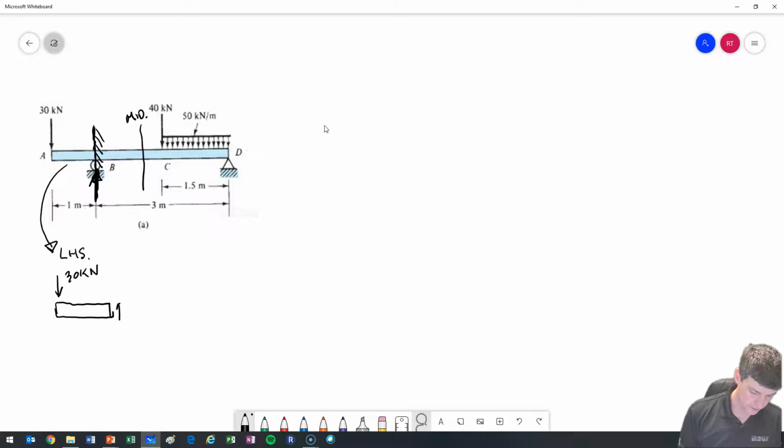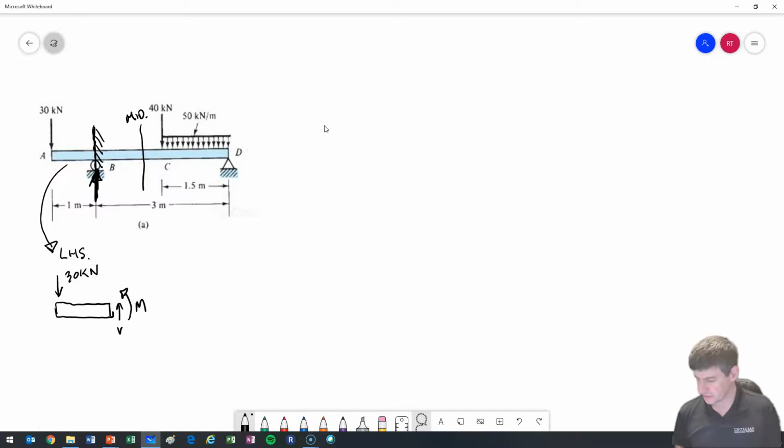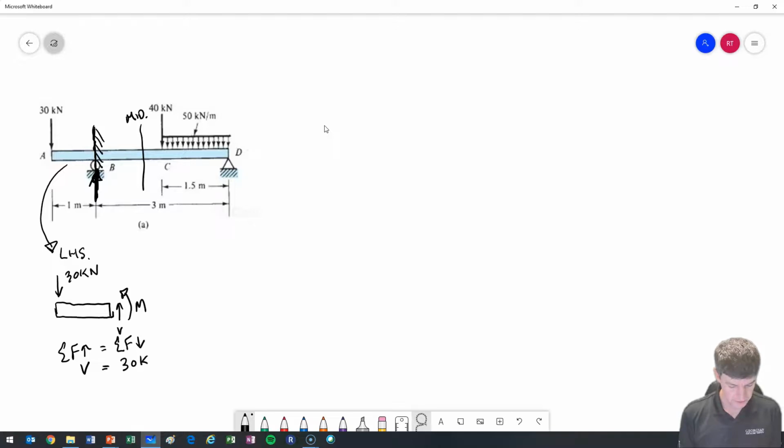Sure, I'll go up for my V, and then I have an M, and usually the convention is to move it upwards, in this case for a left-hand side, counterclockwise. So sum of forces up is going to be equal to all my forces down. So up is V, and down is 30 kilonewtons, and I have one of my answers for V.